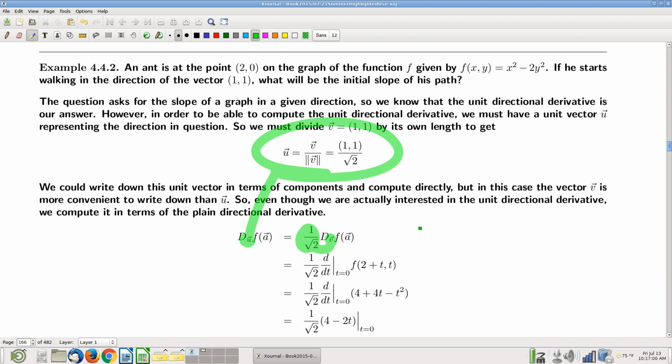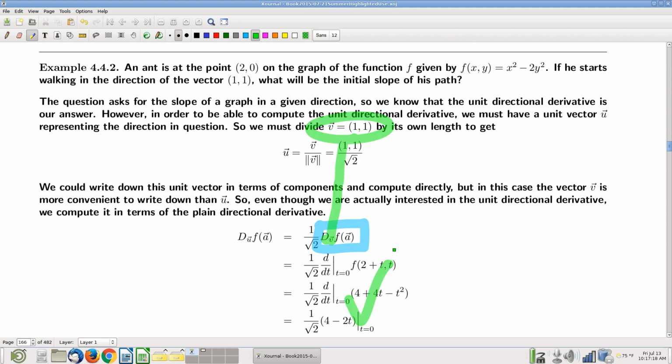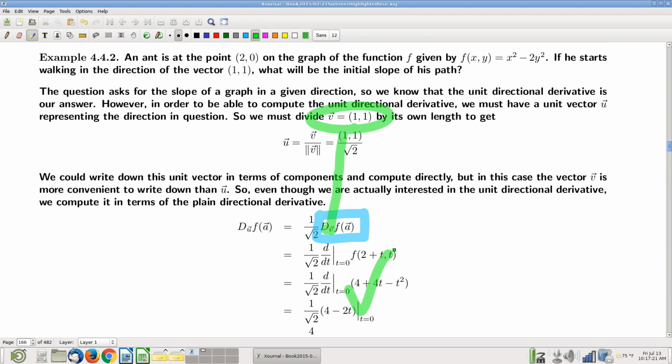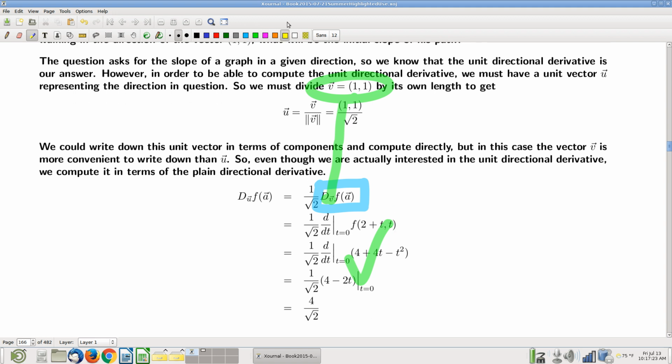Factor out the scalar, pulls out the square root of 2, and now we find ourselves very conveniently computing a directional derivative where my velocity vector has integer coordinates, which makes the algebra convenient, no fractions. And then just, don't forget about the fact that scalar comes for the ride all the way through the calculation there. But it's a factor sitting on the side, so it doesn't make it hard.